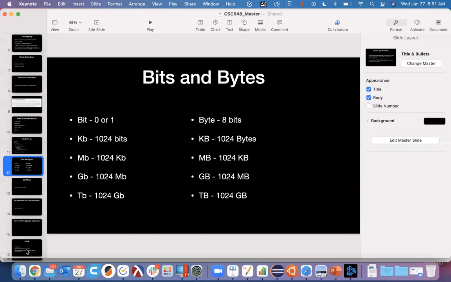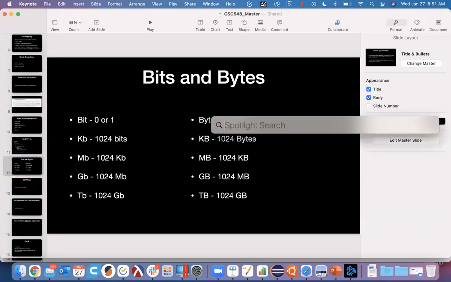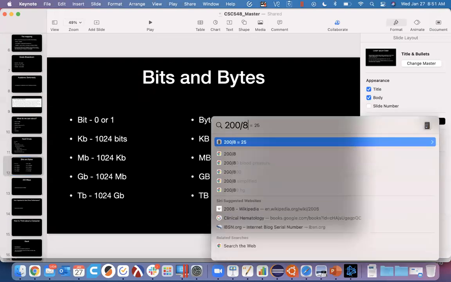So if on a test or something like that, I asked you how many gigabytes per second can you theoretically download at on a 200 megabit per second internet connection? Well, you would go from 200 divided by 8 gets you to megabytes.